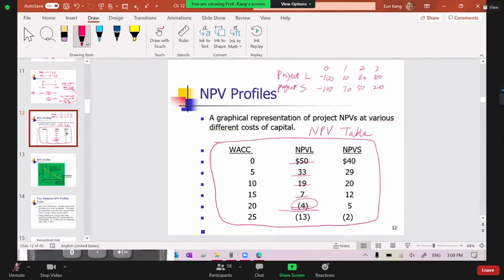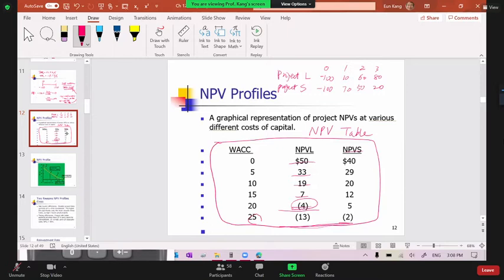But for project S, it won't be negative until 25%. So in other words, in the exam, people may ask, what is the WACC, right? Then that means that you don't know what's going on. You have to plug in the WACC numbers yourself to set up the table.